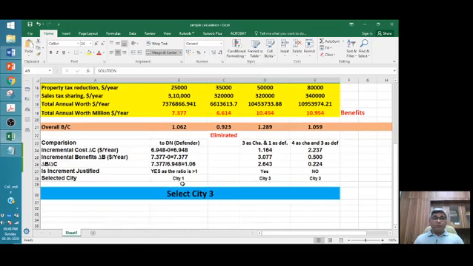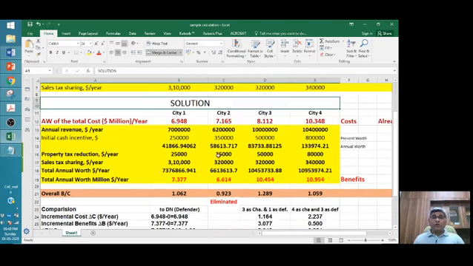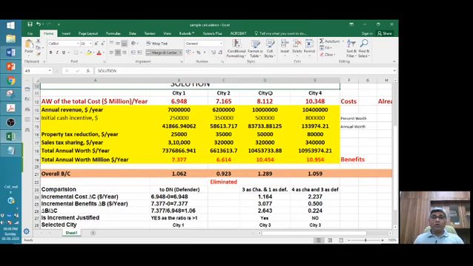So now this will become the new defender and this is to be challenged with the remaining 2 or 3, whatever we have. Now since city 2 is already eliminated, no need of making further calculations, just coming on to city 3.